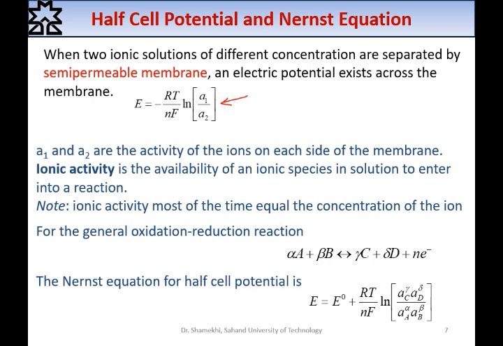And also in this equation, n is the valence of the metal, F is the Faraday constant, R is the universal gas constant, and T is the temperature in Kelvin.